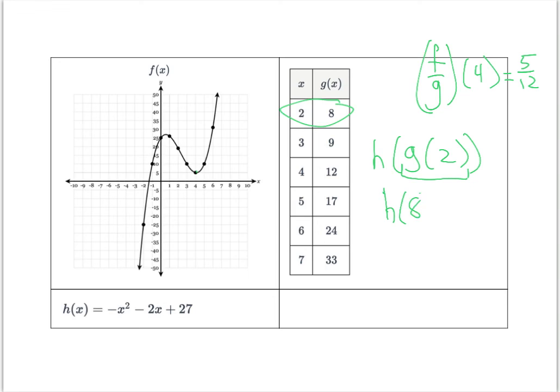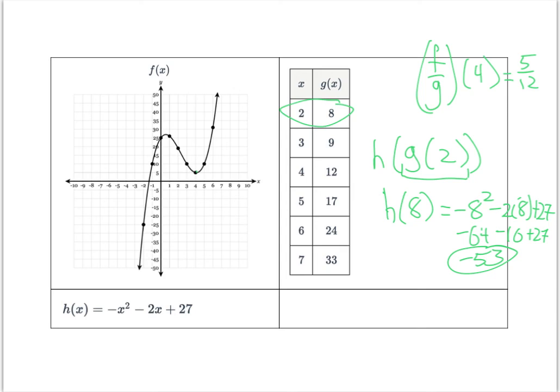That's asking me to find h of 8, which if I plug that in, we get negative 8 squared minus 2 times 8 plus 27. 8 squared is 64. That's going to be negative 64 minus 16 plus 27. Minus 80 plus 27 is going to be negative 53 as our final answer.